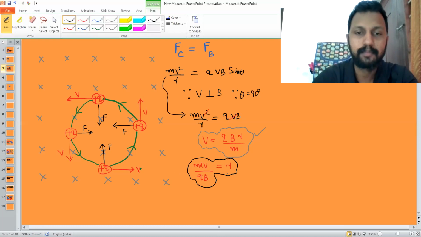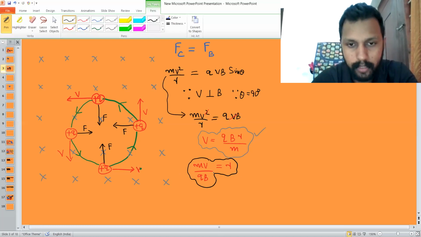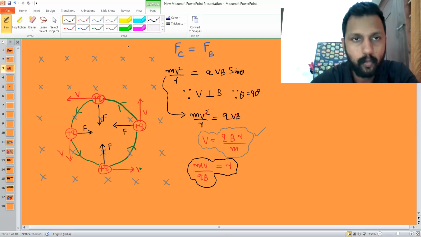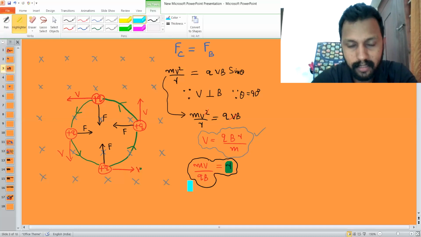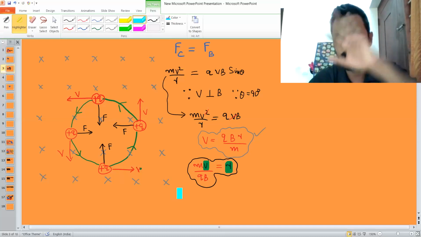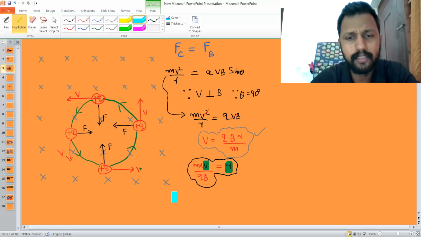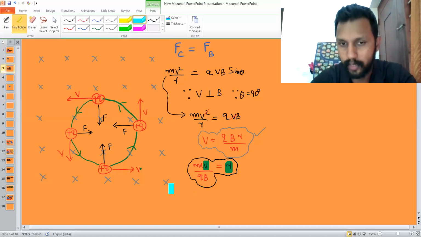From this expression, it is important that you notice one interesting relation, that is between radius and velocity. In this case, the mass of the charged particle is a constant. It won't change if it is rotating. The charge of the charged particle will also be a constant, and the external magnetic field that is given is also a constant.